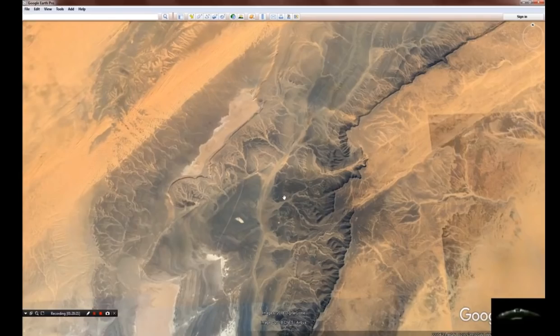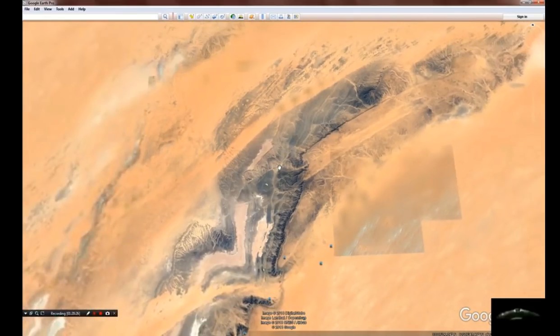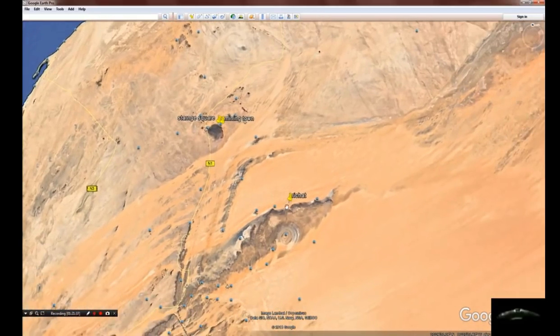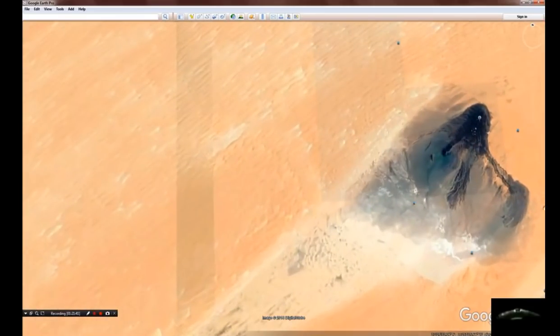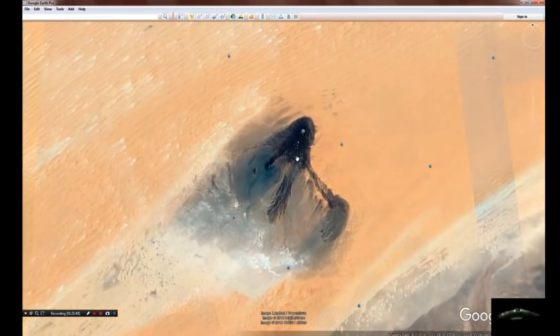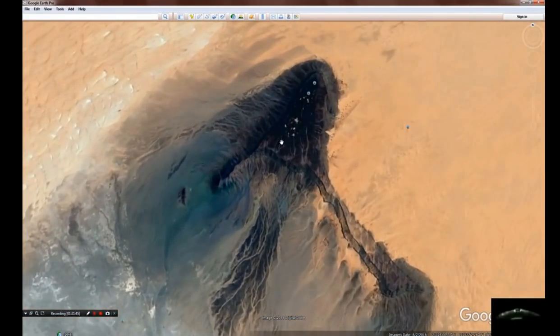So we'll finish this up by hitting the Google and check out some of these outcrops here. And here's a little outcrop on the back side, more of the blue layer.